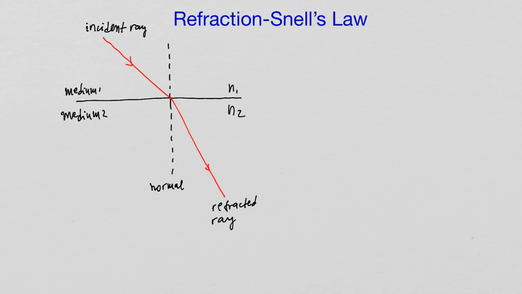So I'm going to measure the angles of incidence and refraction with respect to the normal to the surface at the point where the incident ray enters medium 2. So the angle that the incident ray makes with the normal, we are going to name angle of incidence. So theta I is the angle of incidence.